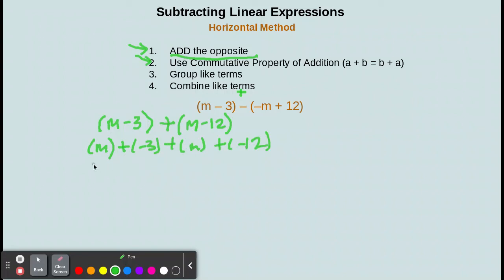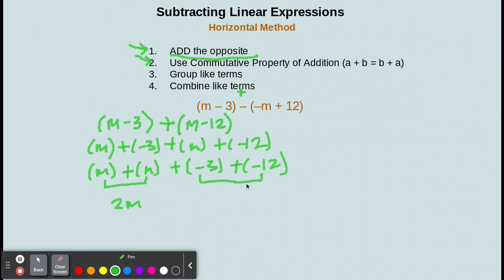We're going to rearrange these a little bit, and it becomes m plus m plus negative 3 plus negative 12. Okay, so now we have our m's together, and we have our constants together. m plus m is 2m. Negative 3 plus negative 12, those are both the same signs. We just add them, and it becomes negative 15. And our answer becomes 2m minus 15.